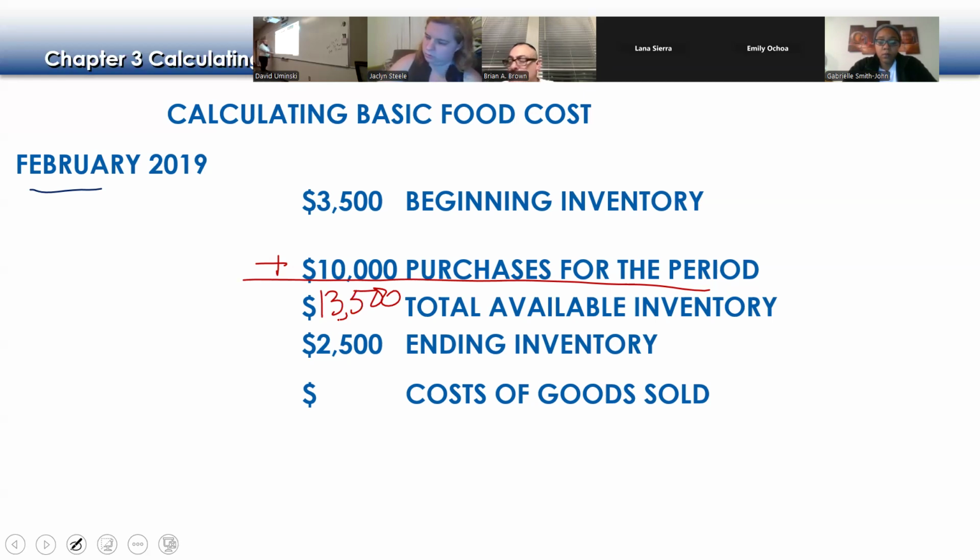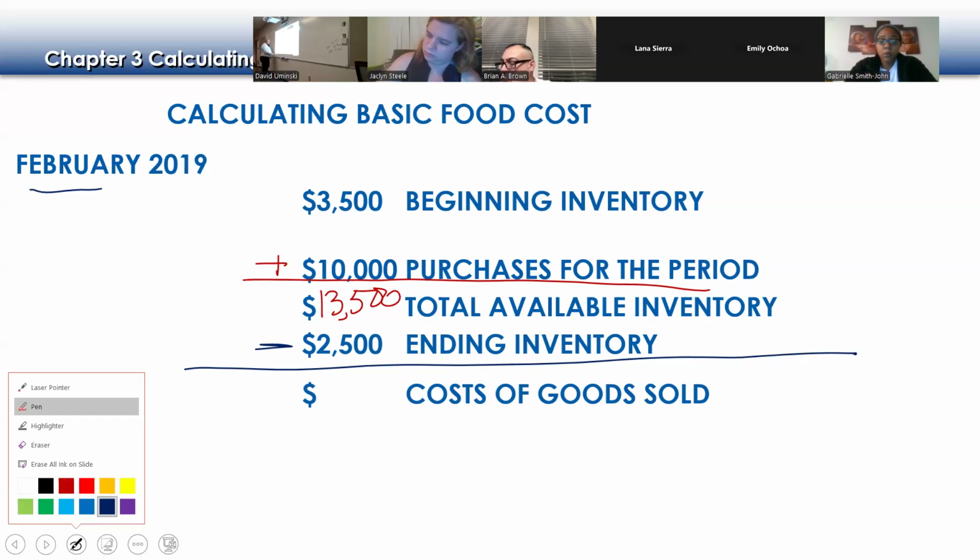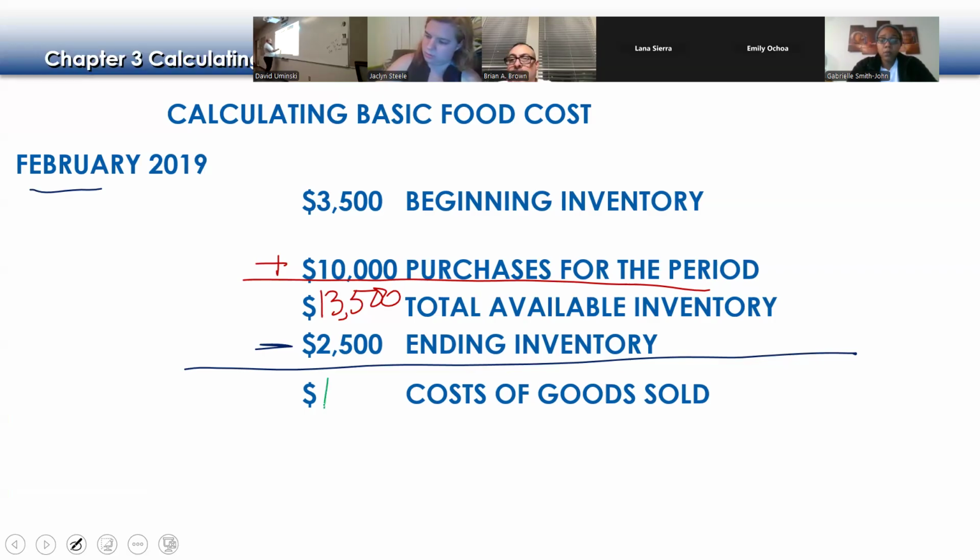And then my ending inventory, I'm going to subtract that to get my cost of goods sold. Cornelius, what is 13,500 minus 2,500? It's 11,500. Oh, 11,000. There we go. Okay. $11,000. That is our cost of goods sold.